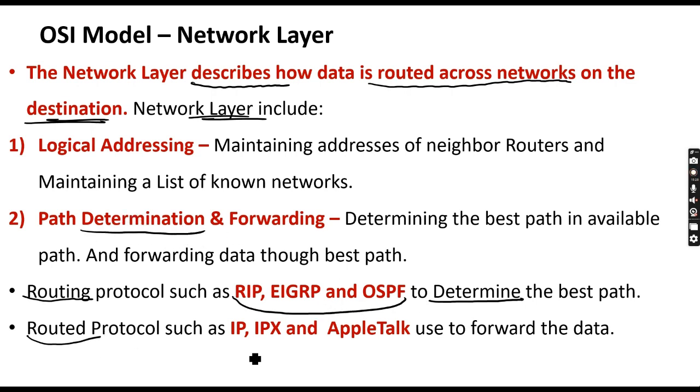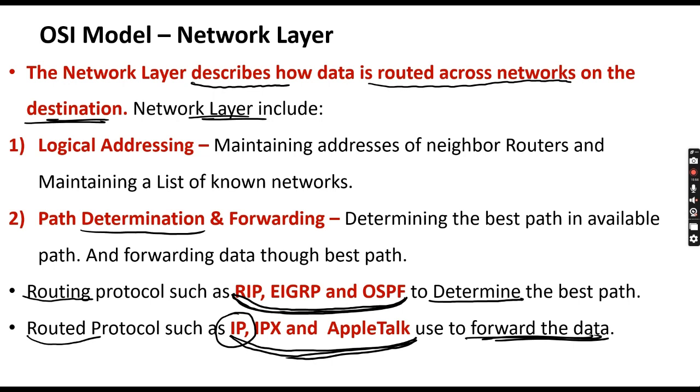And routed protocols such as IP, IPX and AppleTalk are used to forward your data. So routing protocols are used to find the best path, and routed protocols are the carrier for the data. They will carry your actual data. Okay, so nowadays you will find IP only. IPX and AppleTalk are not in use.